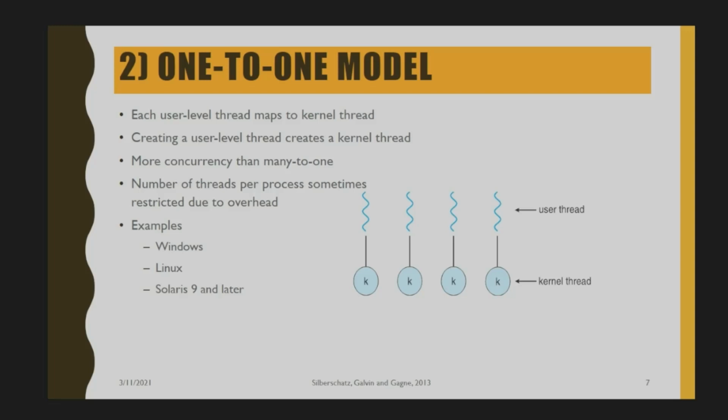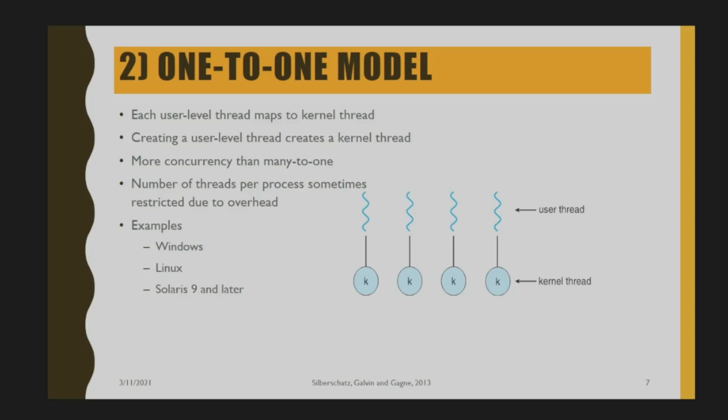So more concurrency than many to one. The number of threads per process is sometimes restricted due to the overhead. Examples of OS that use this one to one model are Windows, Linux, and Solaris 9, and the latest Solaris 9, Solaris 10, and so on.